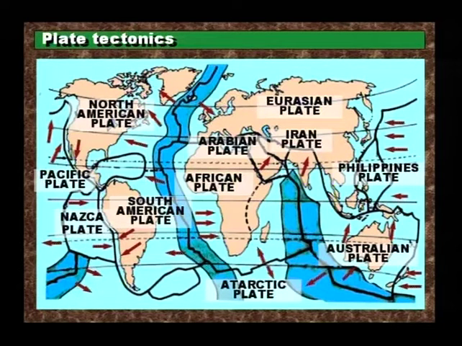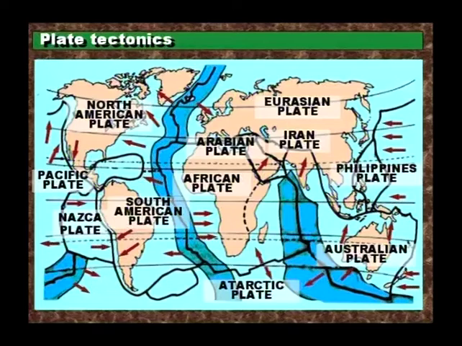Okay, have you made note of those questions? Simply make a list of the plates that appear to be colliding or converging, and then make a list of plates that are moving away from each other or diverging, and then also identify which two plates collided to form the Himalayas.